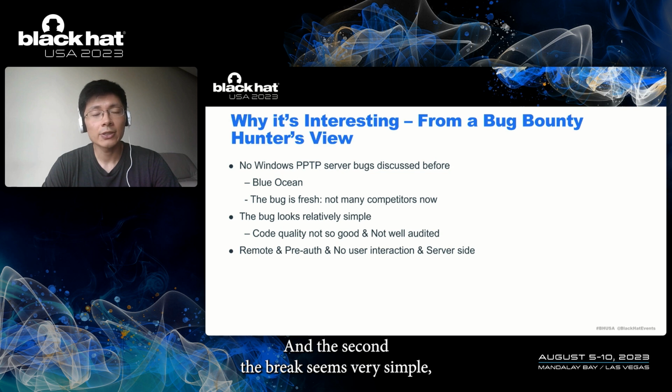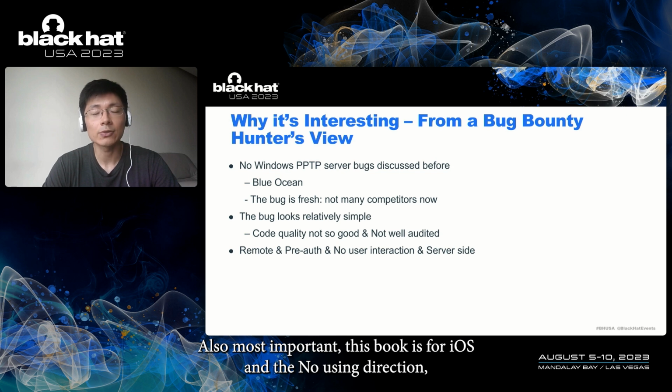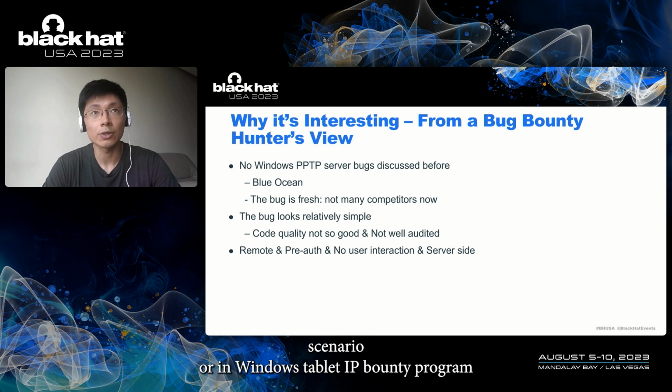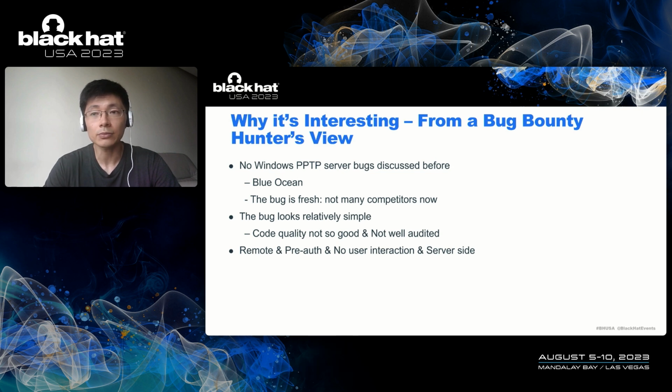Second, the bug seems very simple, which means the related code quality is not so good. And next, also most important, this bug is pre-auth and needs no user interaction, which means it may be eligible for the attack scenario awards in the Windows Insider Preview bounty program.